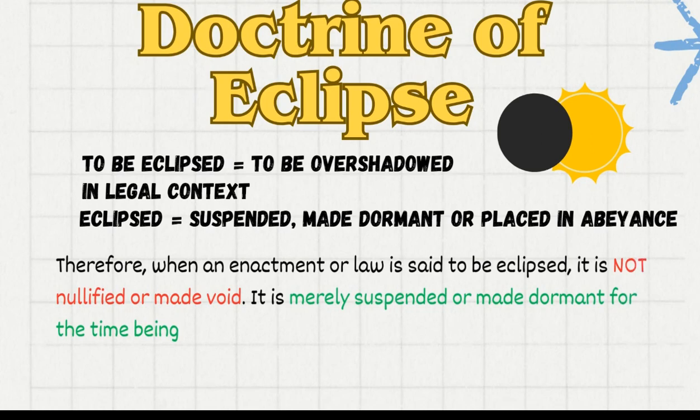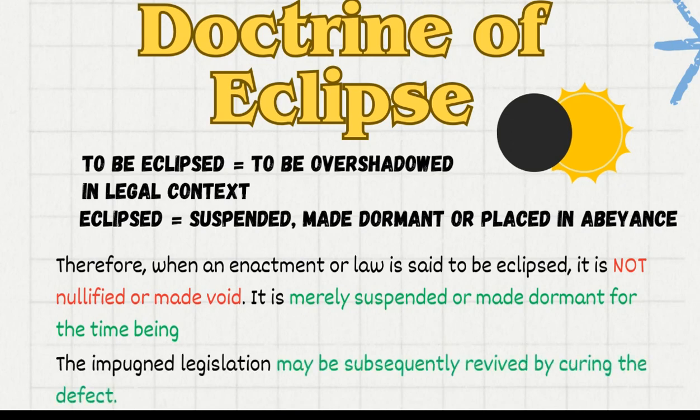Therefore, when an enactment or law is said to be eclipsed, it is not nullified or made void. It is merely suspended or made dormant for the time being, and the impugned legislation may be revived subsequently by curing the defect. Please note that we are discussing this doctrine only for the sake of clarity.